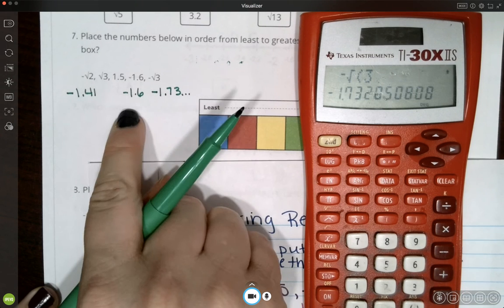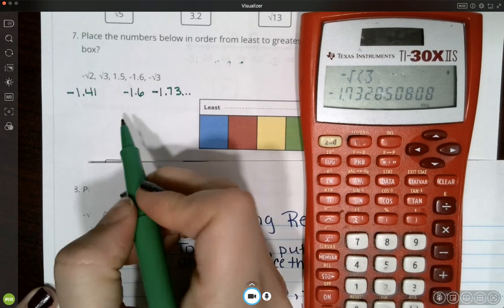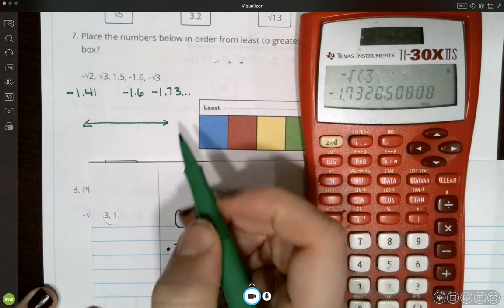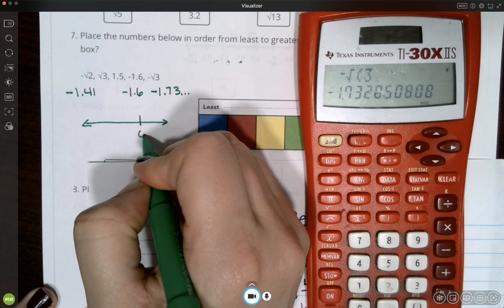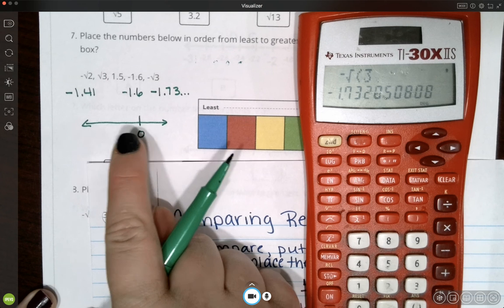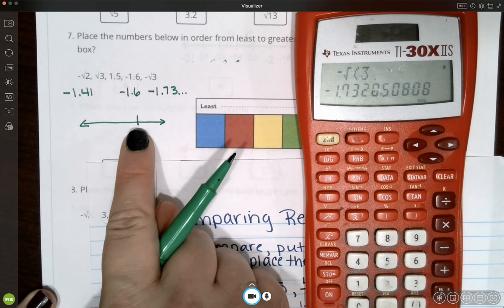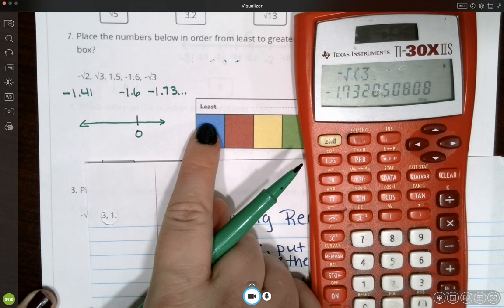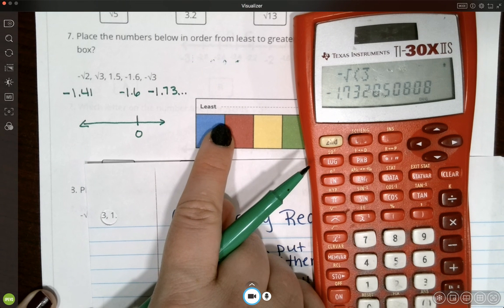All right, so I have these three negatives that I need to put in order on a number line. And a lot of times when we visually see it, I always like to put the number 0 in because it's reminding me that the closer I am to 0 on the negative side, the larger I am, because as I keep moving right, I am going to get bigger numbers.